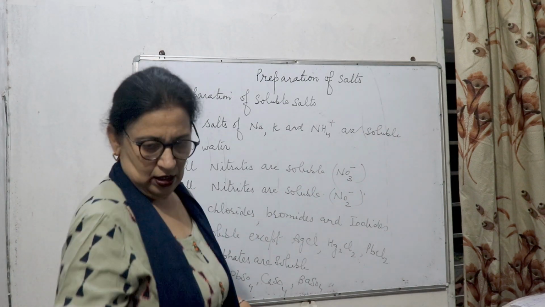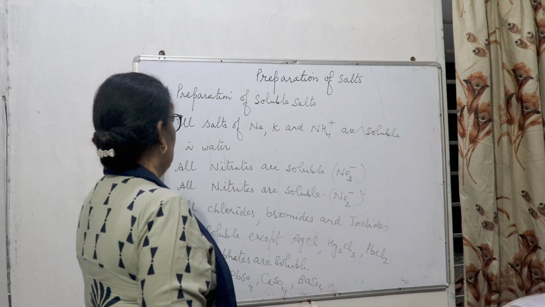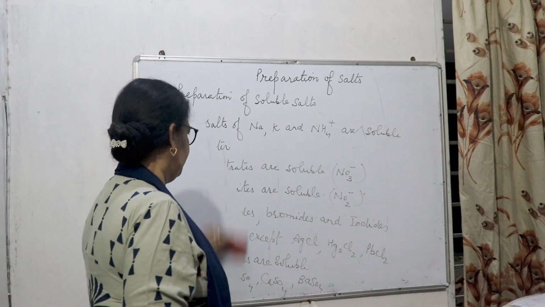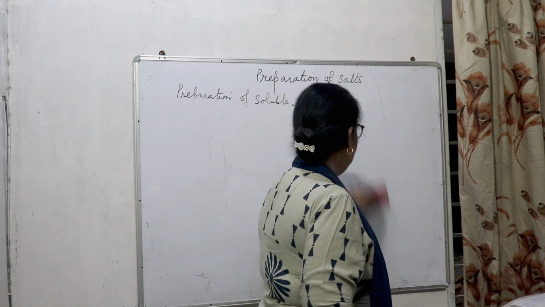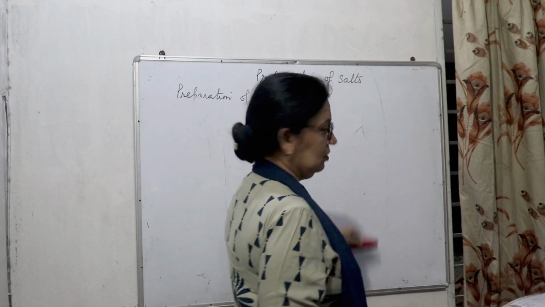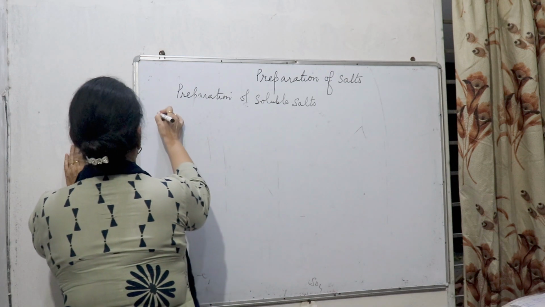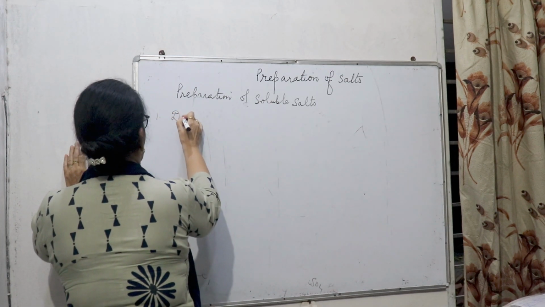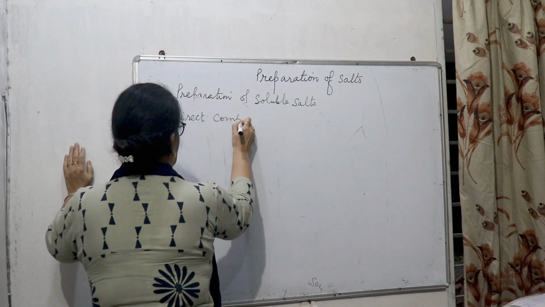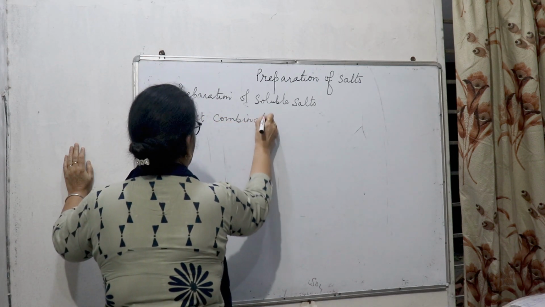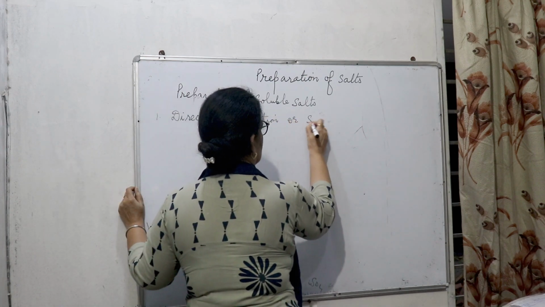Now let us do the preparation of soluble salts. Different methods of preparation are there. First method of preparation for the soluble salt, that is direct combination or synthesis.